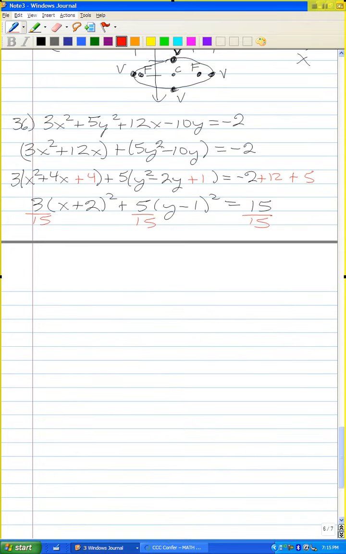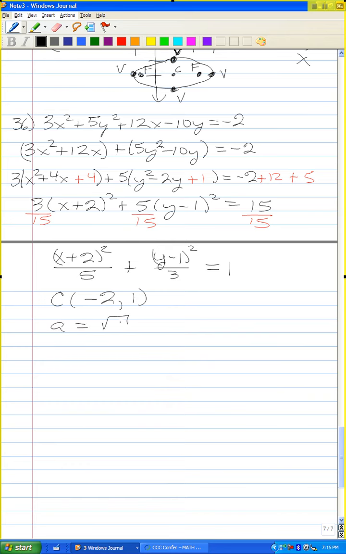And so I have x plus 2 squared over 5, plus y minus 1 squared over 3 is equal to 1. And so in this case, the center is at -2, 1, a is radical 5, b is radical 3, 5 minus 3 is 2, c is equal to radical 2.